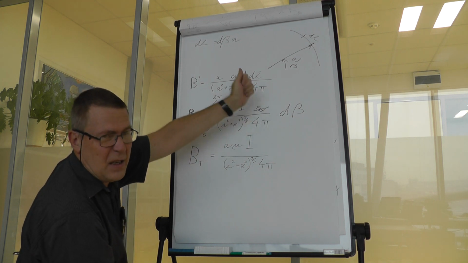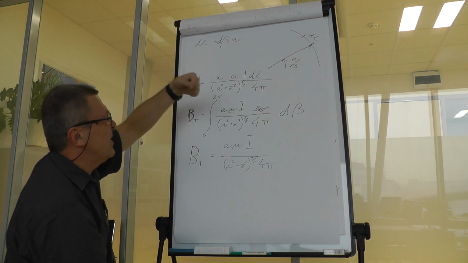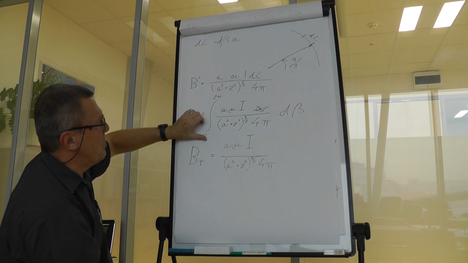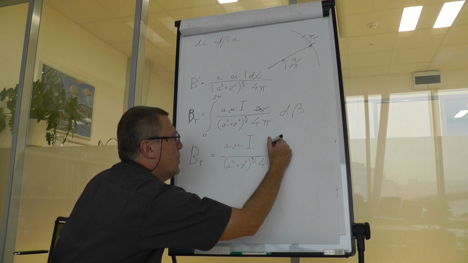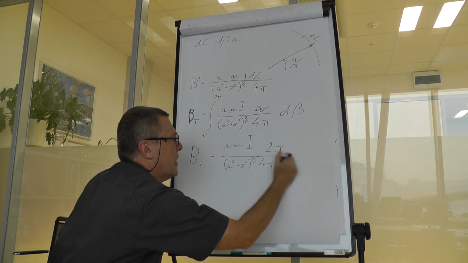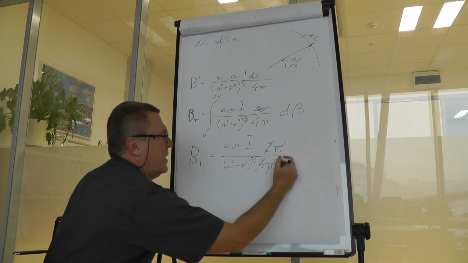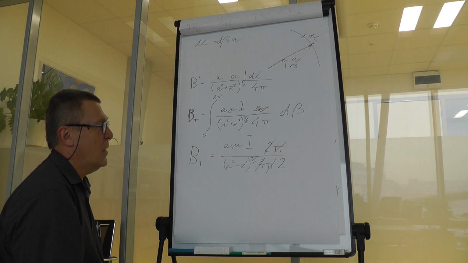We integrated a constant, so we get beta, and we put the upper bound and lower bound, and from that we would receive 2 pi. Now we cancel this, and we have got the result.